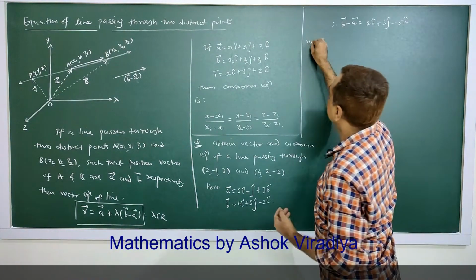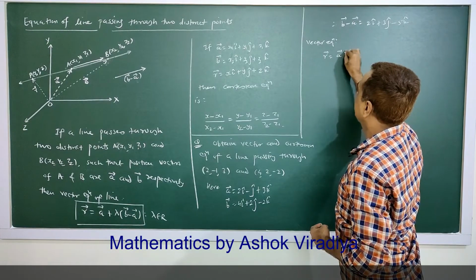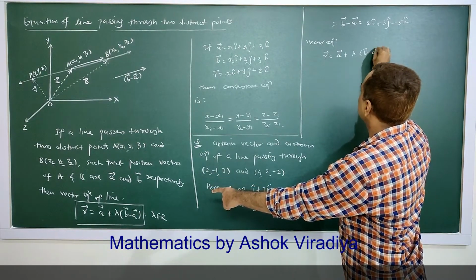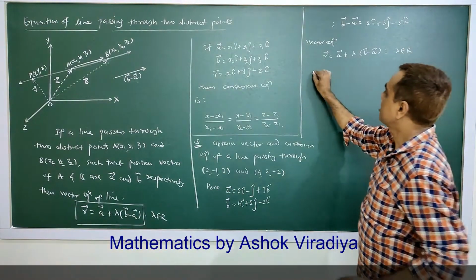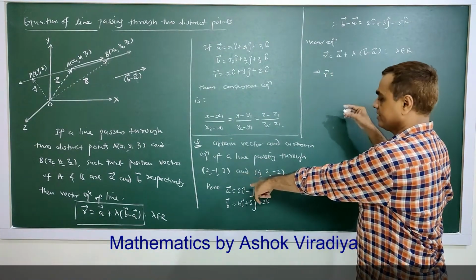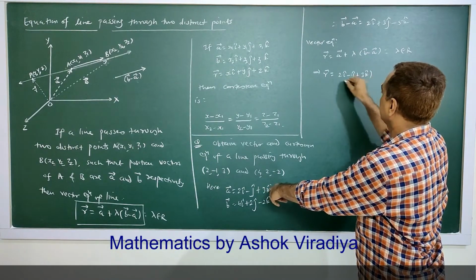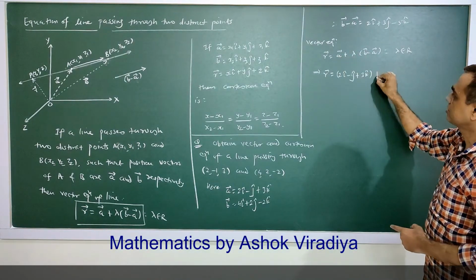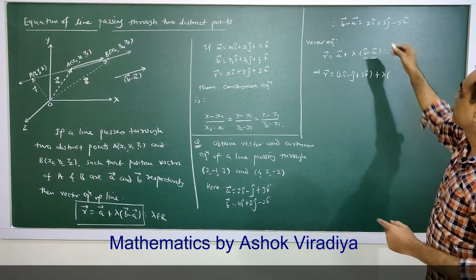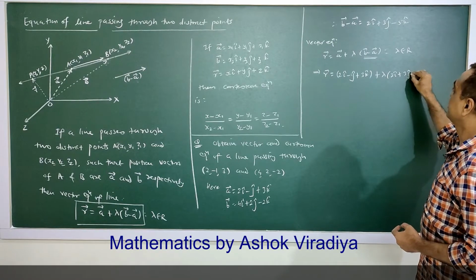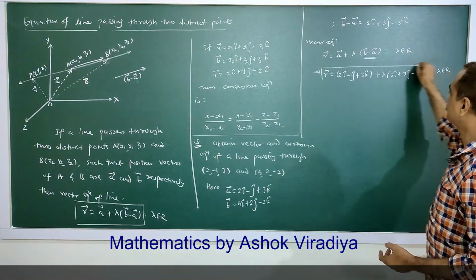So the vector equation, using this result, is vector r is vector A plus lambda times vector B minus vector A, lambda belongs to R. So vector r is vector A, that is 2i minus j plus 3k, plus lambda times, this vector parallel to the line, 2i plus 3j minus 5k, lambda belongs to R. This is the vector equation.